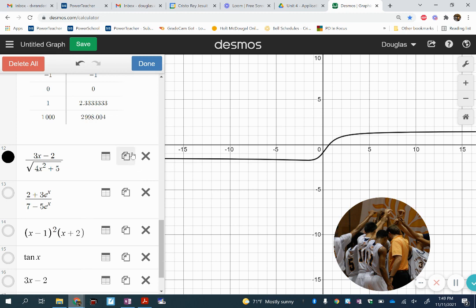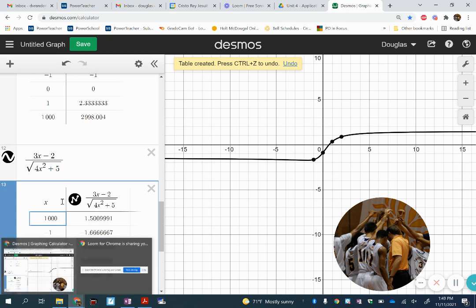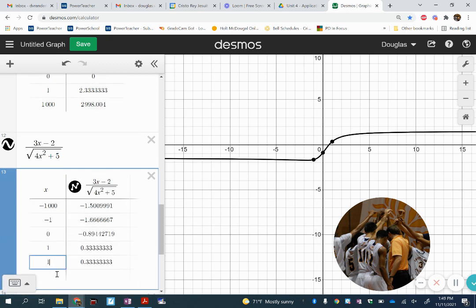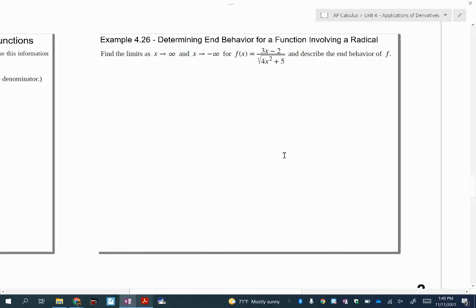I'll do the table again and type in negative infinity, and then type in positive infinity, or like 1,000. You can see as we move to the far left, we're approaching negative 1.5, and to the far right, we're approaching positive 1.5. So our end behavior here is we're approaching a constant.